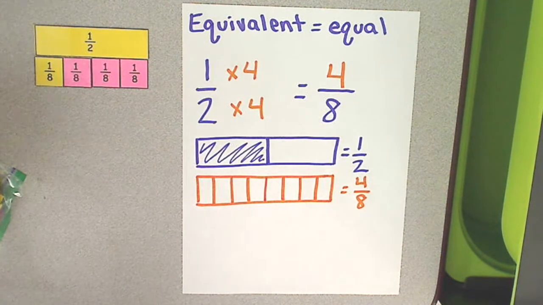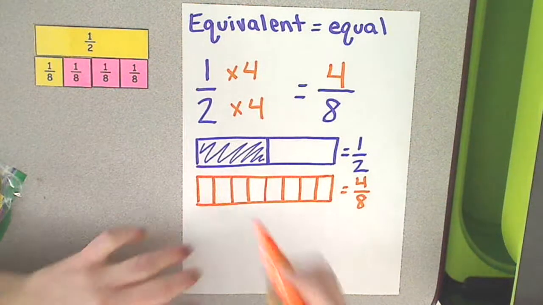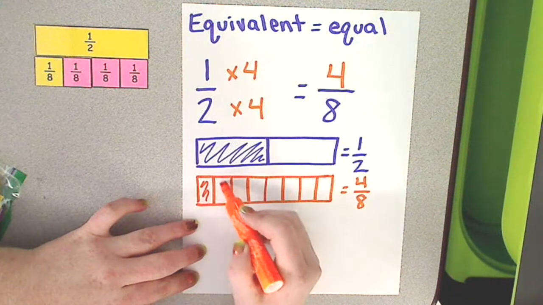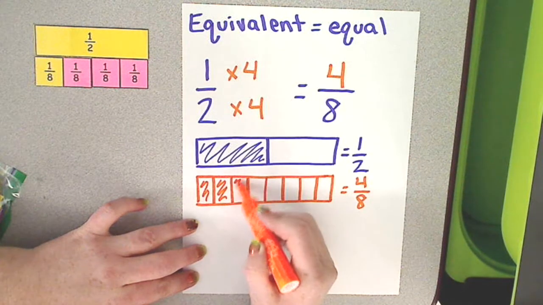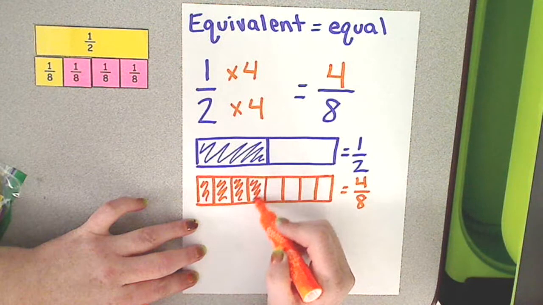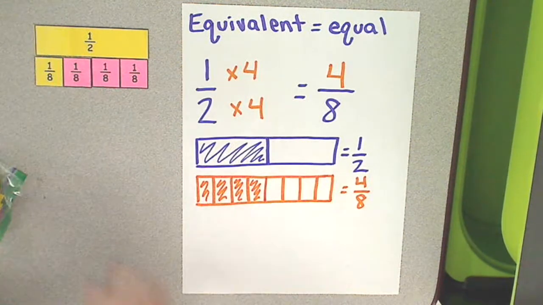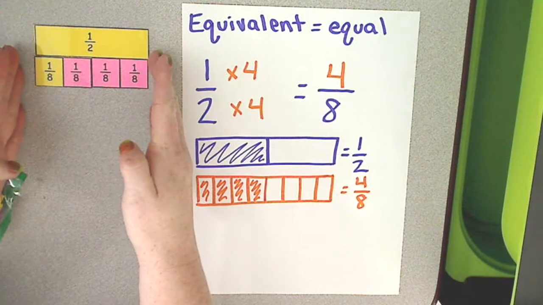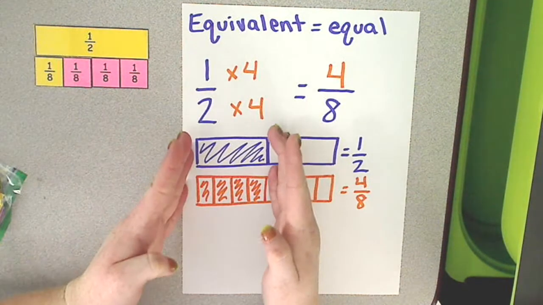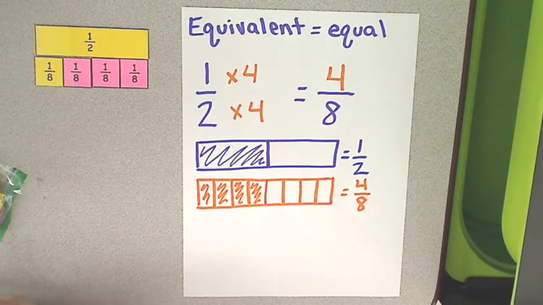And now I simply need to color my four pieces. 1, 2, 3, 4. So now you can see that this piece here matches this piece here, and they are equivalent.